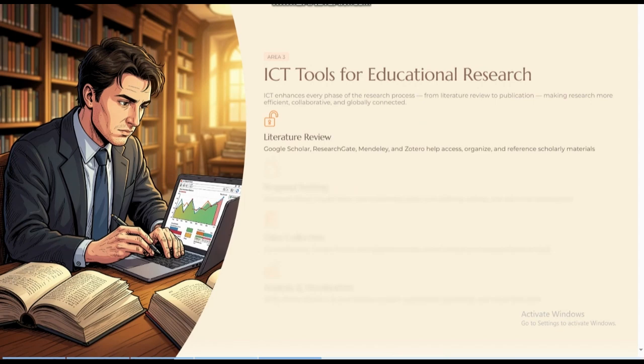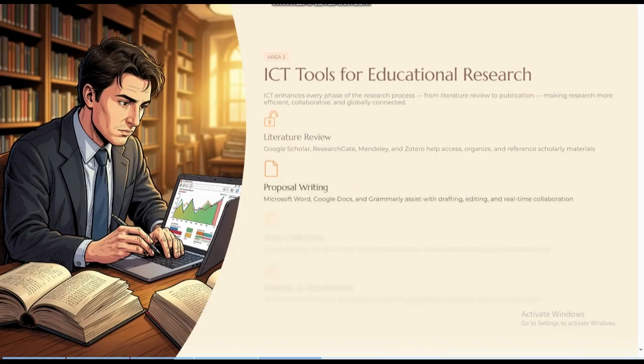We have some ICT tools that can be used for literature review, such as Google Scholar, ResearchGate, Mendeley, and Zotero, which can help you gain access to, organize, and reference scholarly material. During your research, you can use any of these academic portals to find and organize your scholarly materials.